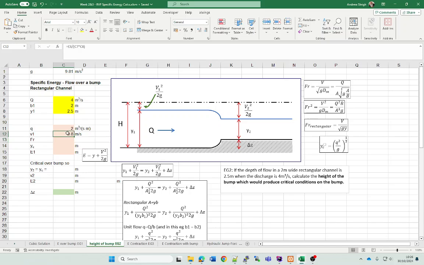It's also, we could say, equal to q divided by y, 0.8. The Froude number we can calculate from this formula here.